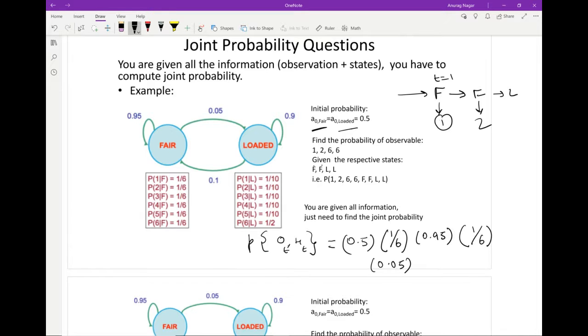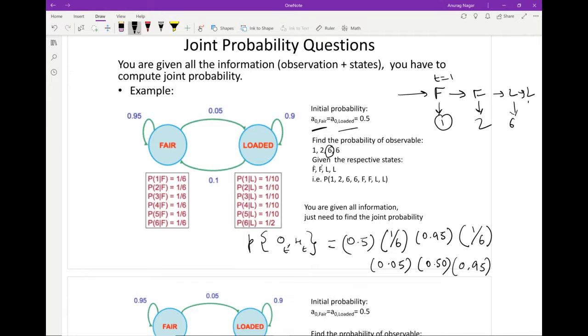So I'm simply multiplying these values, and L state outputting what? Outputting 6. So probability of outputting 6 in the L state, you know that that is 50%. Then I make a jump from loaded to loaded, which is 95%.